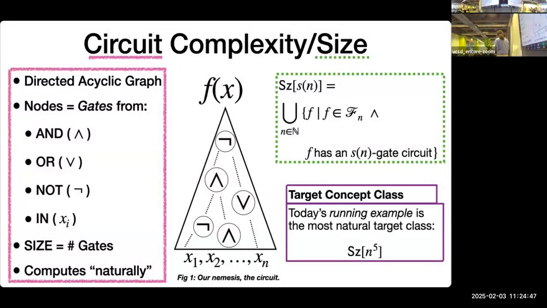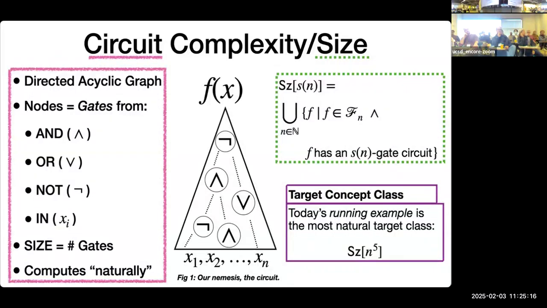So this is just an extremely powerful Boolean circuit class that we want to think about learning. And that's going to do two things for us. Number one, it's going to be a concrete value of 5 that we can just carry around instead of tracking a particular abstract size function here. And 2, way out of reach of current technology. Okay.